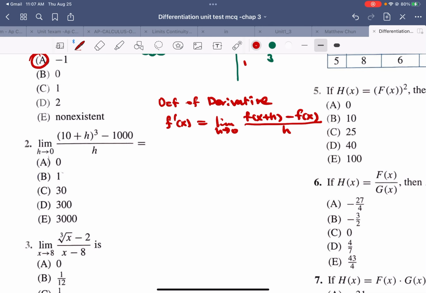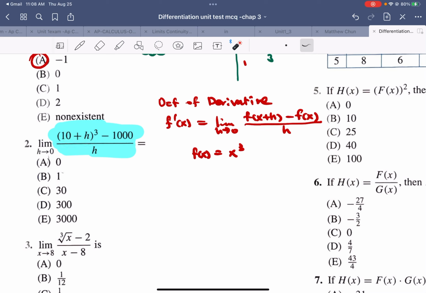By looking at this expression, you have to compare with the definition. I see my f of x is x cubed. And x plus h is right here, and your x value is 10.